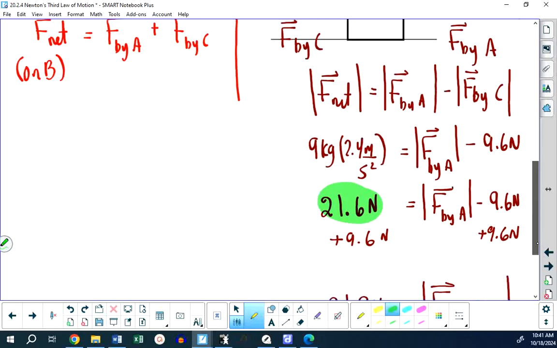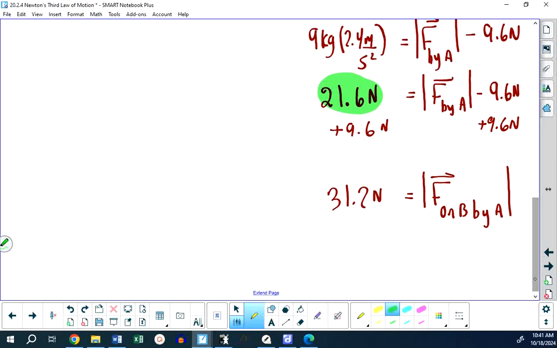Why is the actual force applied to B from the left 9.6 newtons more than what is needed? The answer is because you have 9.6 newtons opposing that because C is pushing it backwards. So you have to apply that 9.6 and then any additional force goes into the acceleration.